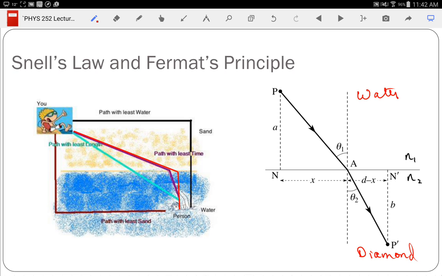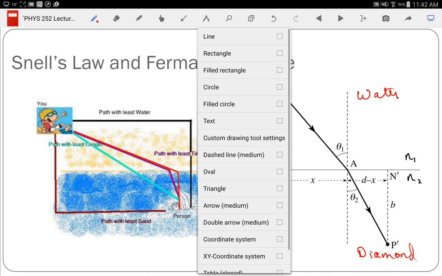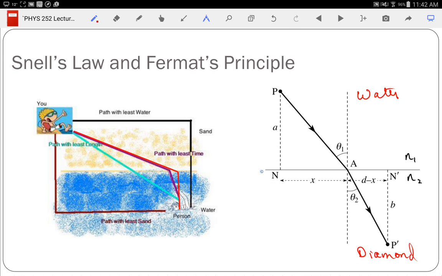Just you have two different media, and the divider between those two media is this horizontal line. And so we want to find the path that will take the least time to go from what's marked here as point P. I should have gone through and just renamed it.